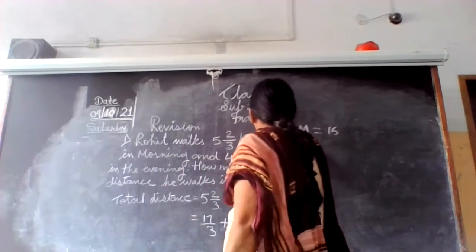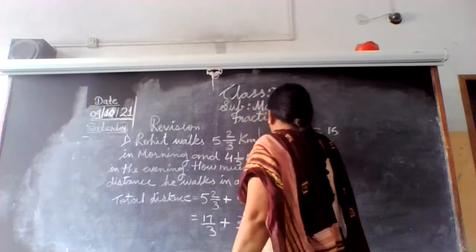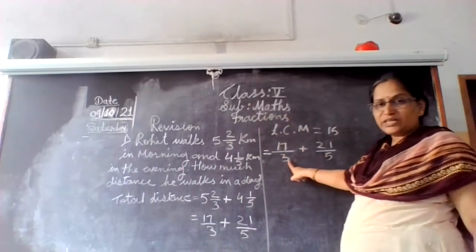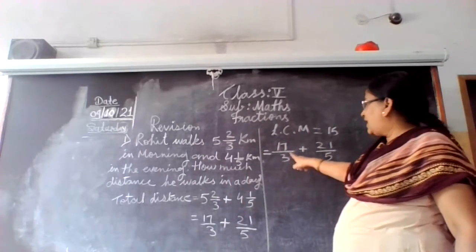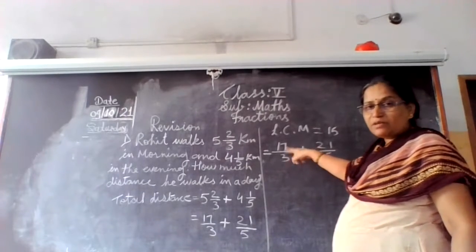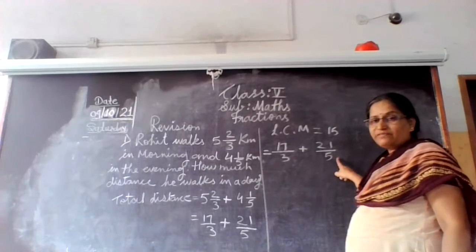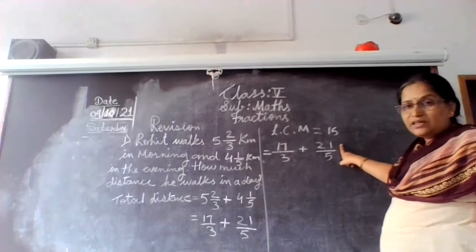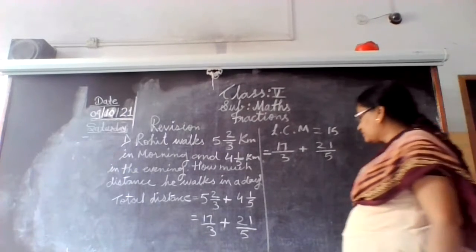And our fractions are 17 upon 3 plus 21 upon 5. Okay. So to make this 3 into 15, we have to multiply it by 5, and the numerator also has to be multiplied by 5 to make them equivalent. To make this 5 into 15, we have to multiply it by 3, and hence we have to multiply the numerator also by 3.